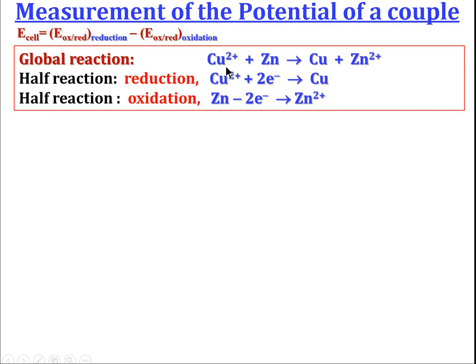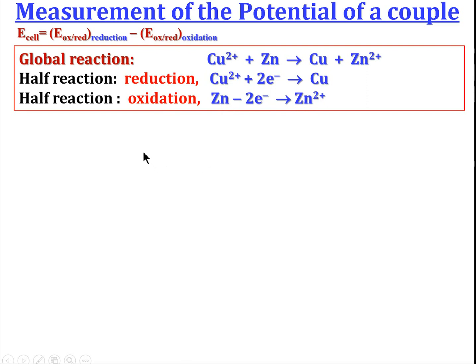Consider the global reaction Cu2+ plus Zn gives Cu plus Zn2+. This global reaction can be divided into two half equations: the reduction of Cu2+ to Cu and the oxidation of Zn to Zn2+.